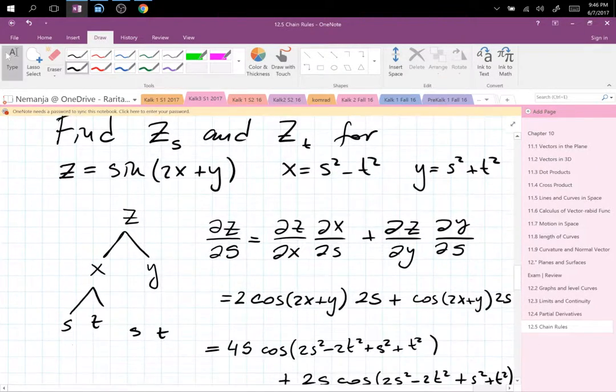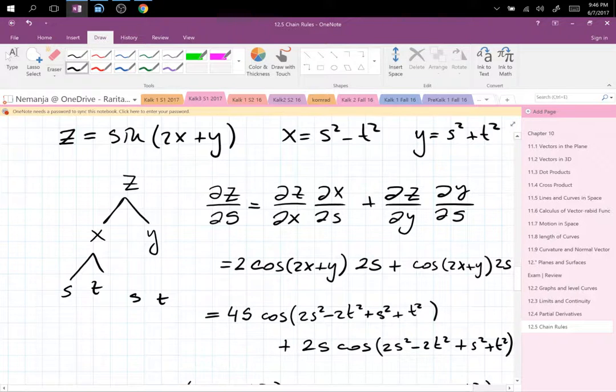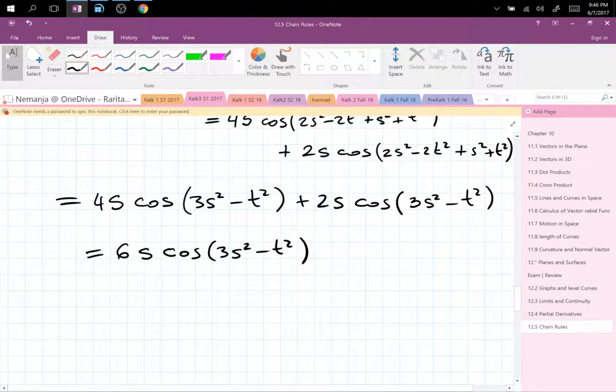Then we still have to find z of t. All right, so let's see. Now the next part is to find partial of z with respect to t.